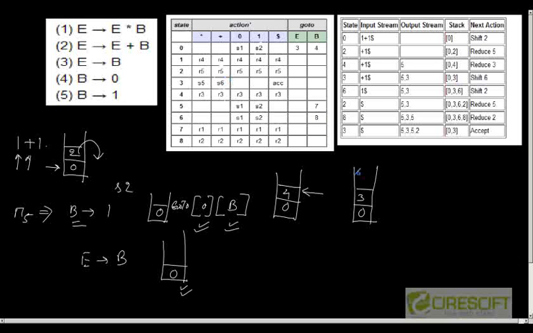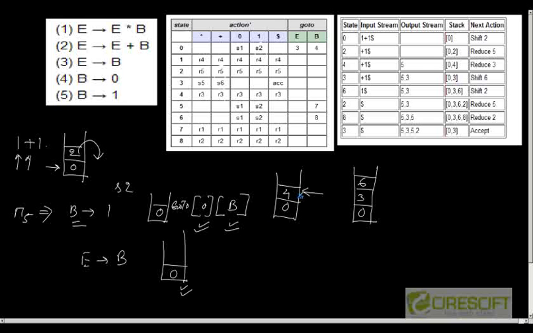S6 means you push the state 6 into the stack and move the input tape head. So reduce action will continue till it hits a shift action, or it hits a starting non-terminal. Then only it will stop.